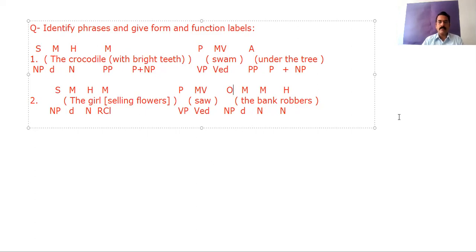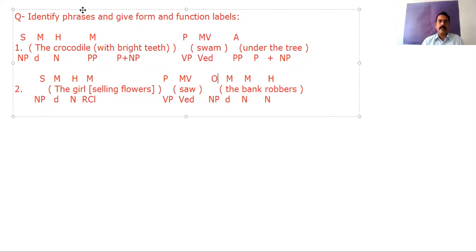One is complement and the most common is object. So when an NP comes after a content verb, it functions as object. And if the to be verb is main verb, the NP functions as complement, right? So these are the two sentences that we have analyzed.